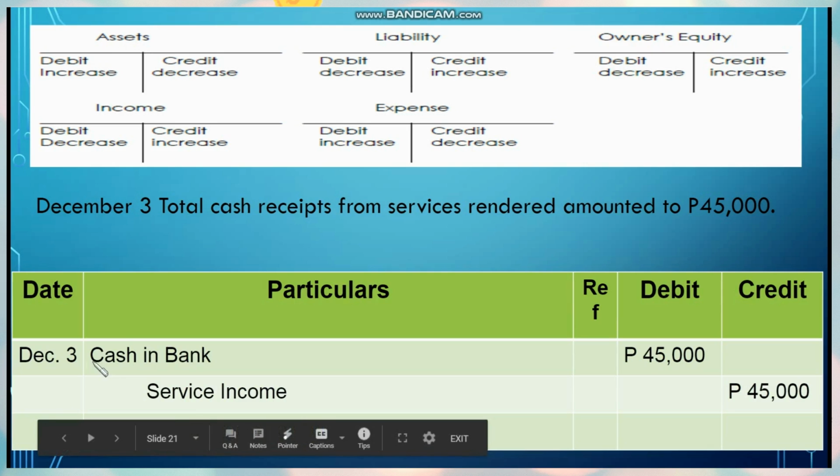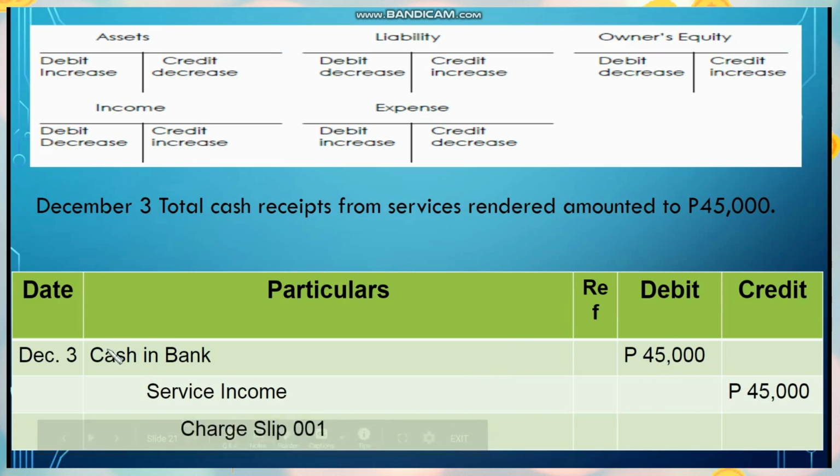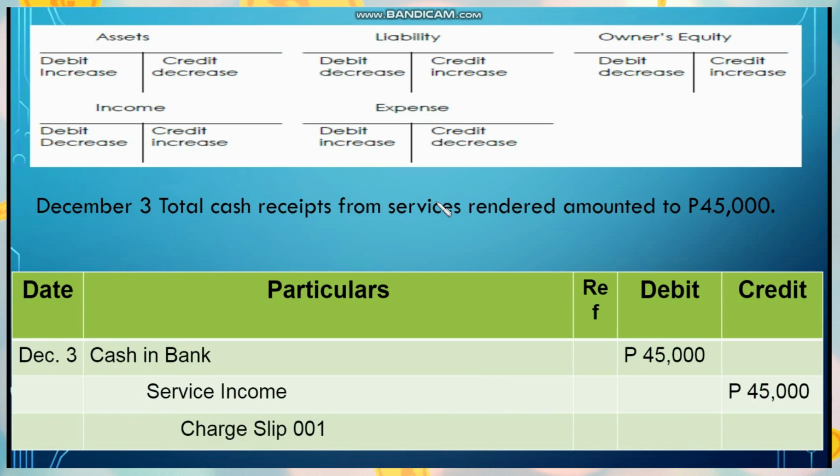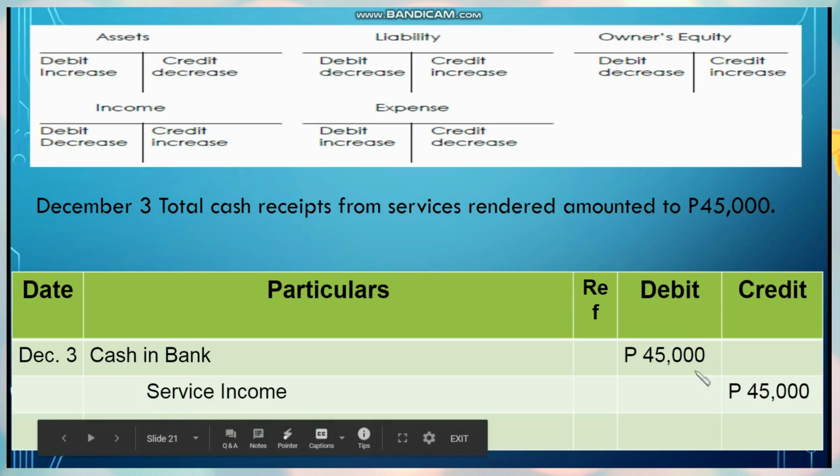So we debit cash in bank for 45,000. We got this cash because we rendered service. That means we earned income. So an increase in income is on the credit side. So we credit service income for the same amount, 45,000.